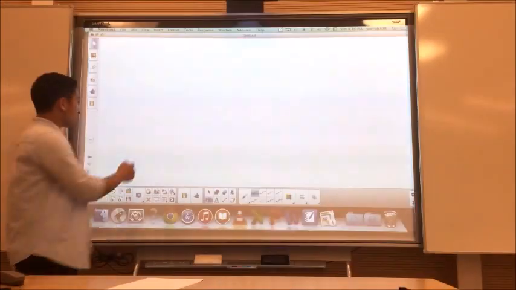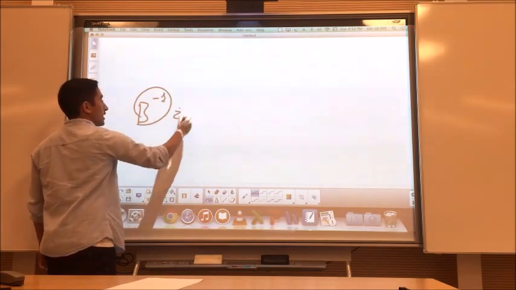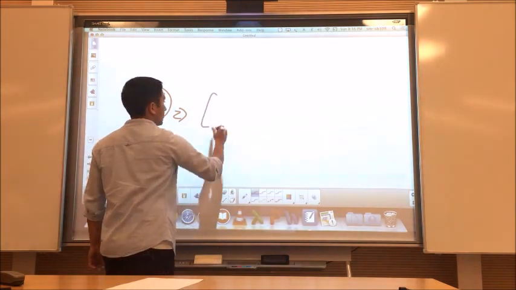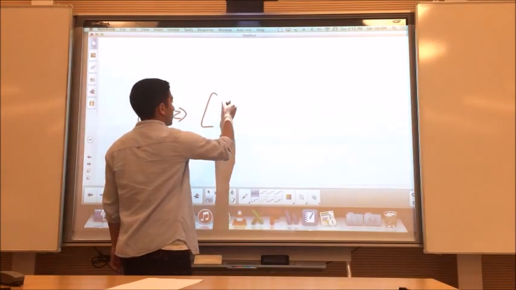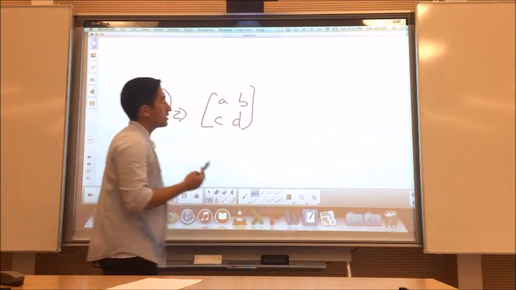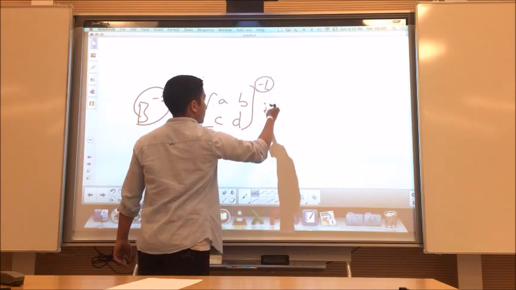But how to find it? Now, for finding an inverse of matrix, we have this rule. Let's take a matrix, for example, A, B, C, D, and finding inverse of this matrix, we are adding minus 1.